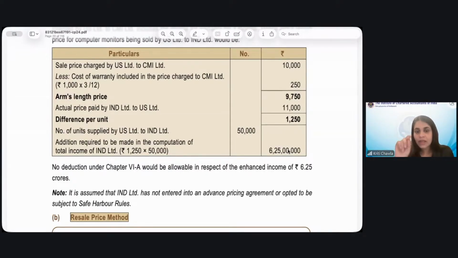So first thing, this is 6.25 crore. This is called as primary adjustment. The second question is, do you think secondary adjustment will be applicable in this situation? I'm going to just post it on the chat box also so that you can see.